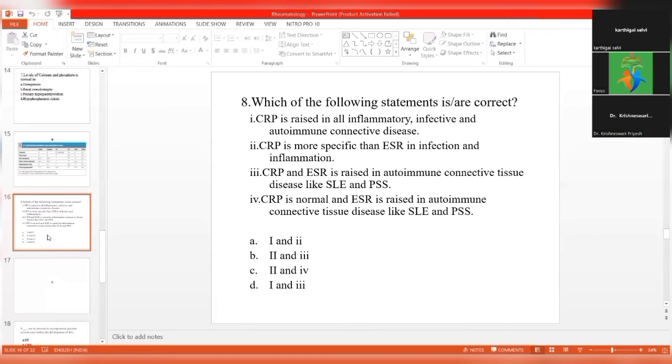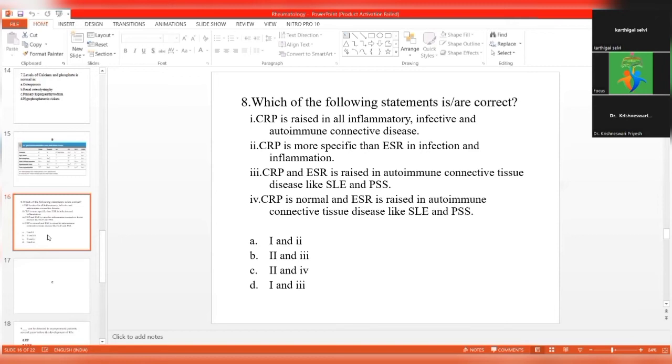Third statement: CRP and ESR are raised in autoimmune connective tissue diseases like SLE and PSS. So both will be increased in autoimmune diseases. ESR is erythrocyte sedimentation rate. SLE is systemic lupus erythematosus. PSS is progressive systemic sclerosis.